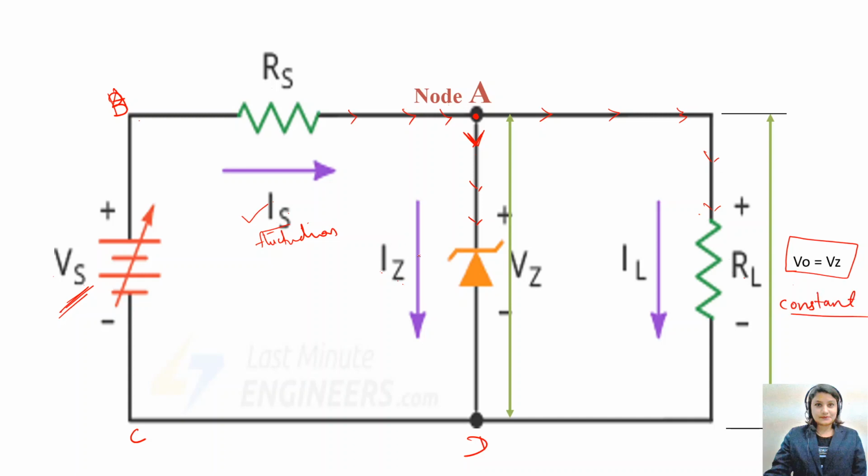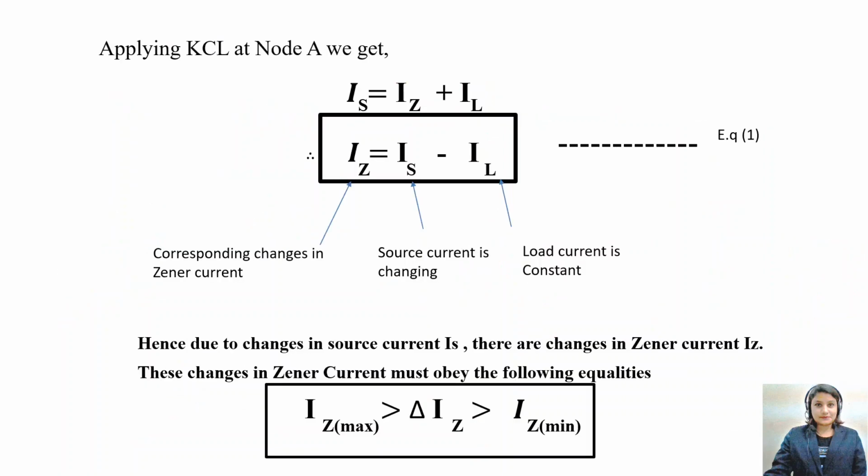And that is the motto of keeping a Zener diode in the circuit, the Zener diode as voltage regulator. Even though there are fluctuations in supply voltage, your Zener is kept in parallel in reverse bias direction. Its constant voltage will be seen at the output.